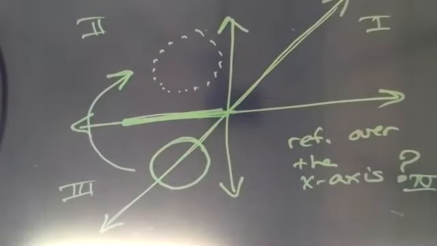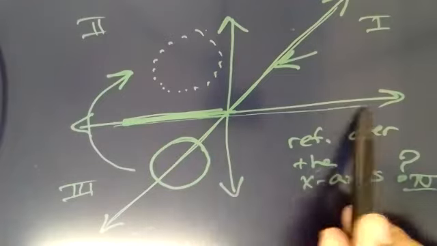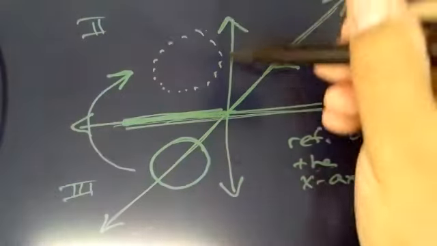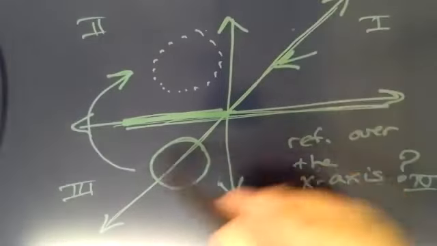That's a reflection over the what, guys? You could type it in if you want, that's fine. That's not the y. No, the x-axis is here. The y-axis is here, which is this one here.